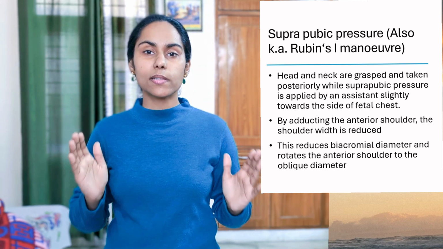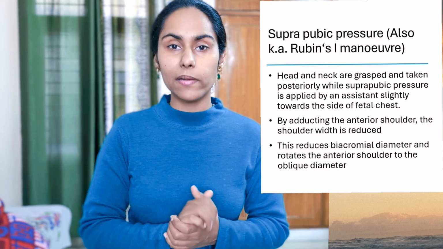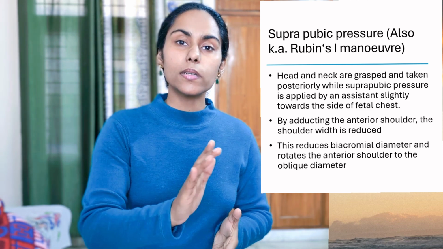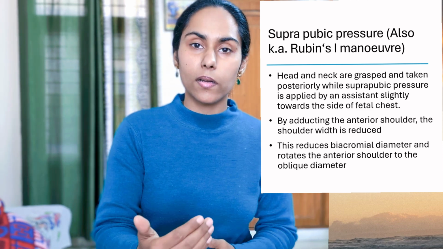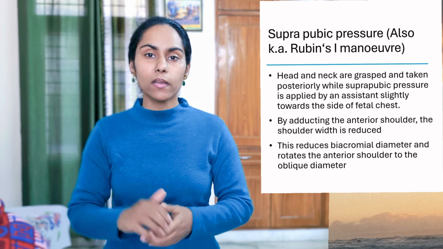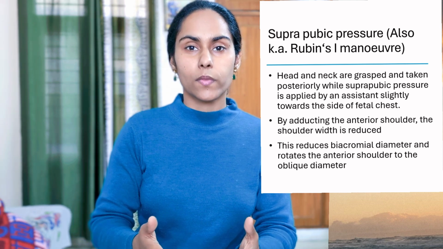So the shoulders that were in the AP diameter of the pelvic inlet will turn towards the oblique diameter of the pelvic inlet, which is more capacious.